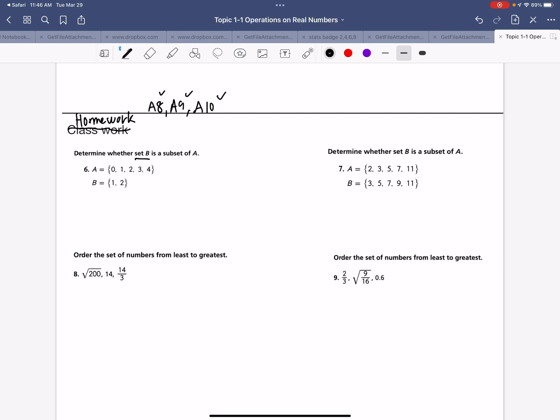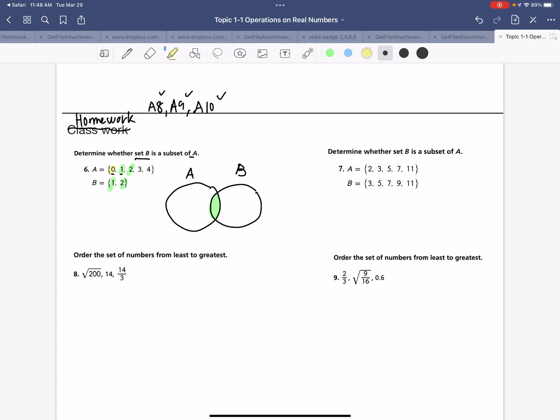So it says determine whether set B is a subset of A. If I had a circle A and a circle B, then the number 1 would be twice.